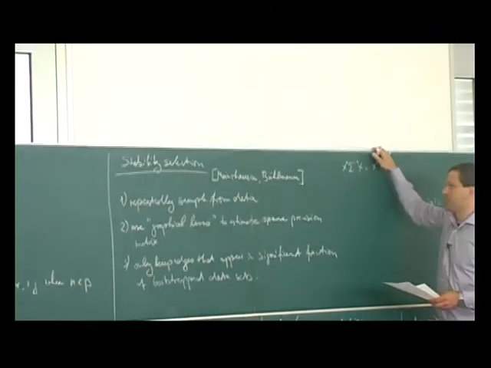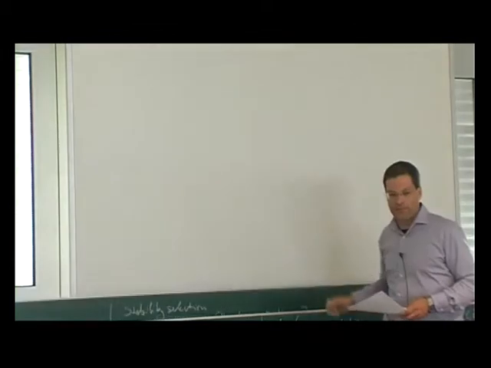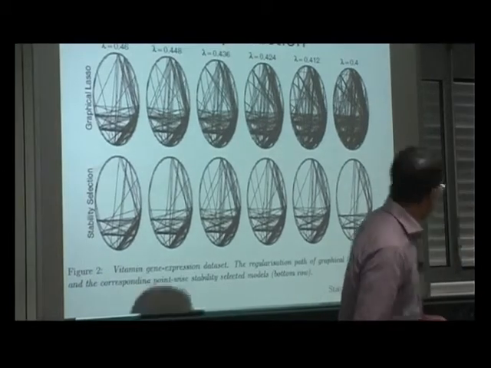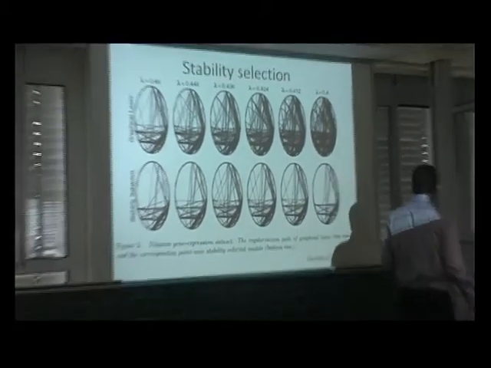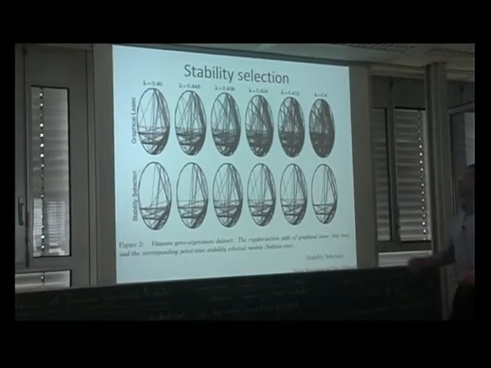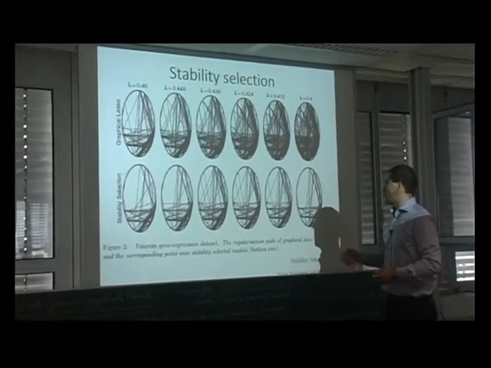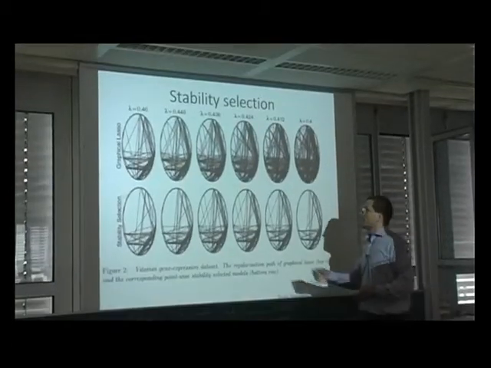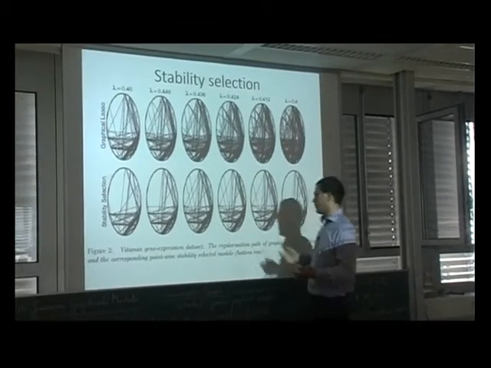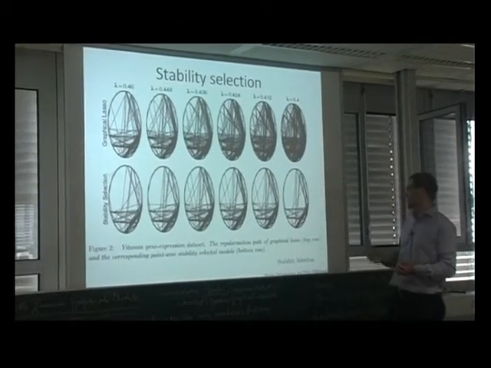And I'm going to show the by now famous picture from the paper, which is this one. So we see, from left, this is again a data set from biology. Each tiny dot here represents one protein, I assume, or gene.